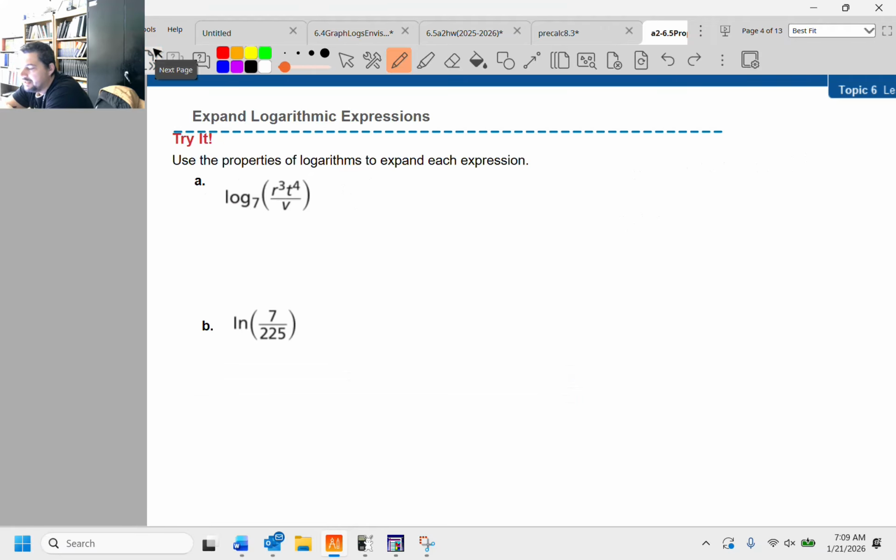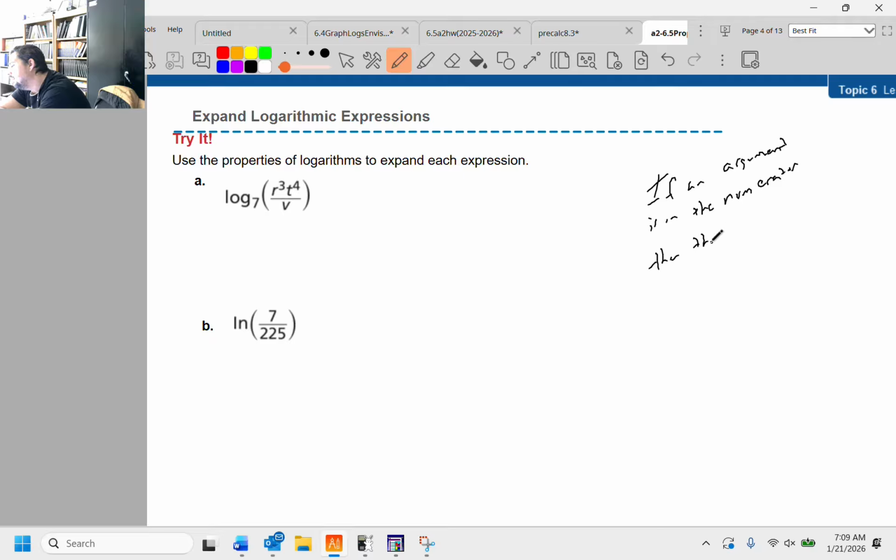All right, this is a try it. You're supposed to try this at home. Use the properties of logarithms to expand each expression. We'll probably just do them in class. But a little note here: if an argument is in the numerator, remember what that is? It's the top of the fraction.